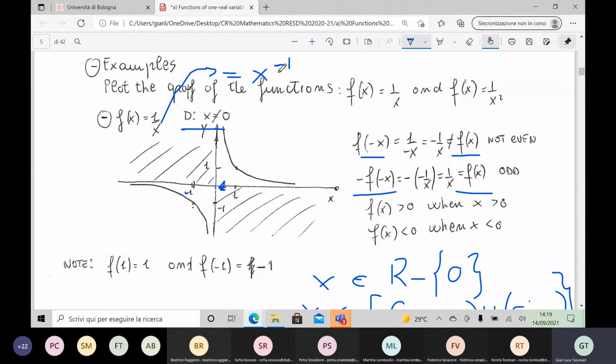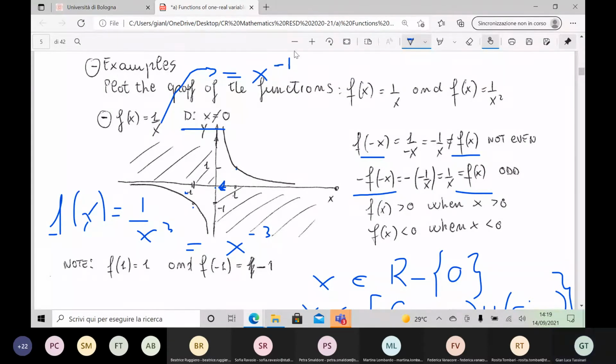In general, you may have other functions of this kind, like f of x equal to 1 over x to the power 3, which can be written as x to the minus 3. So this is also a very simple rational function, and in particular this rational function can also be seen as a power function. But which power function? These are power functions with integer negative exponent, and in particular the number in the exponent is odd.